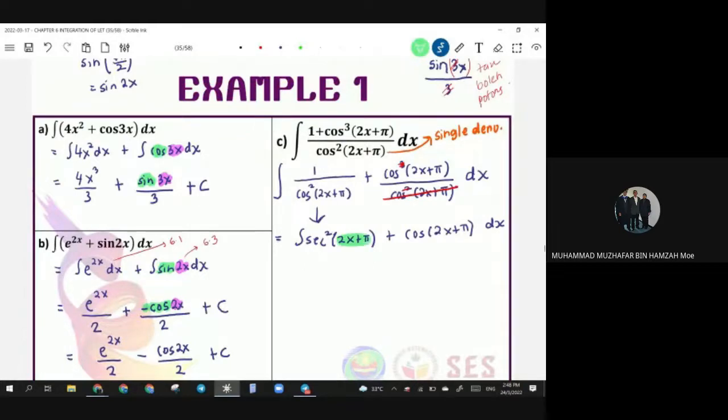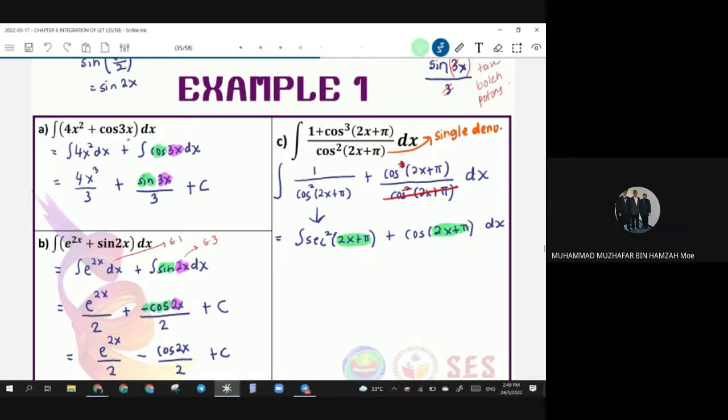Tak kisahlah apa-apa angle pun, but the concept to integrate is just the same thing, regardless of the angle, either it is theta, x, alpha, beta or whatever. Okay, so this time saya tak nak tulis dua integral. I just want to integrate straight away.